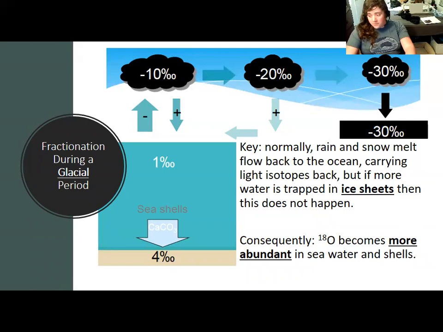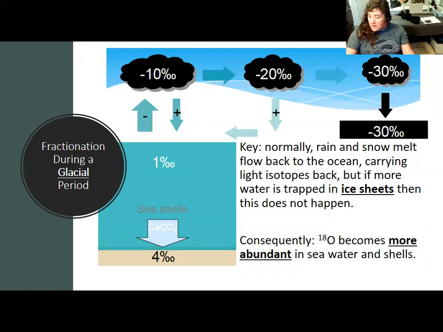The light isotopes kind of just get locked up in the glacier. And O18, the more heavy and less abundant isotope, becomes more noticeably abundant. We see an increase. There's just enough O16 being removed that we notice a change in the ratio of O18 to O16.